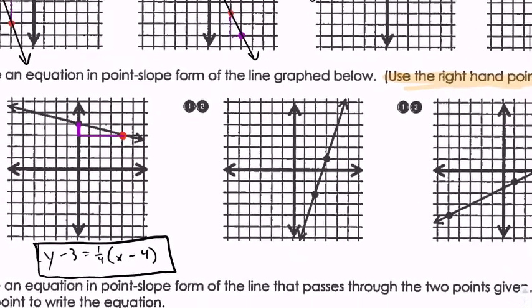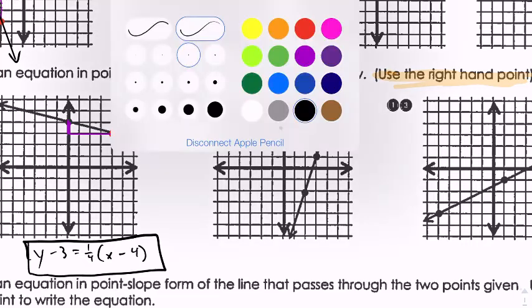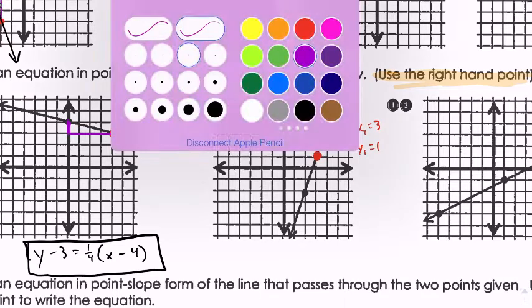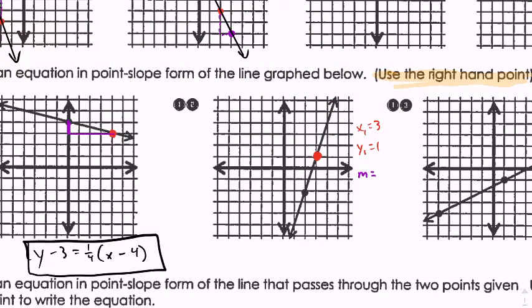All right, 12. Same thing, identify that point. Right there, that is the point 3, 1. So x1 is 3, y1 is 1. Then you have to find the slope. There's your rise, there's your run.